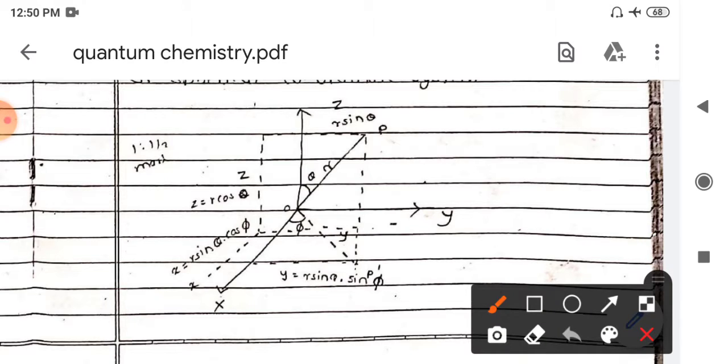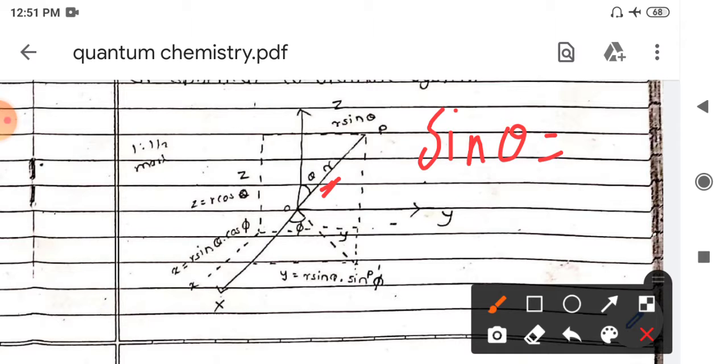So if we use simple trigonometric forms, we can get the values for x, y and z. For x we get r sine theta cos phi. For sine theta, we use opposite side upon hypotenuse, and here the hypotenuse is r.